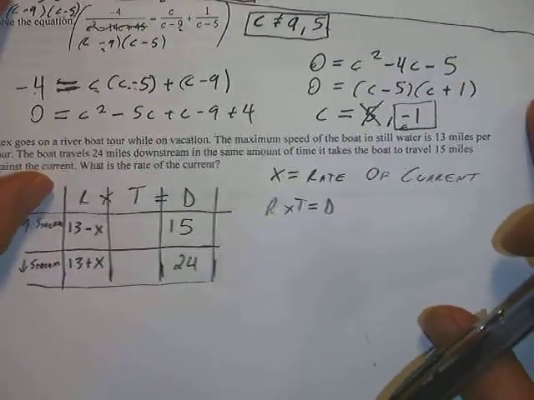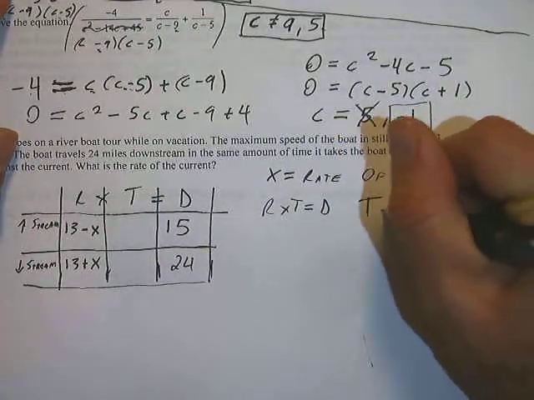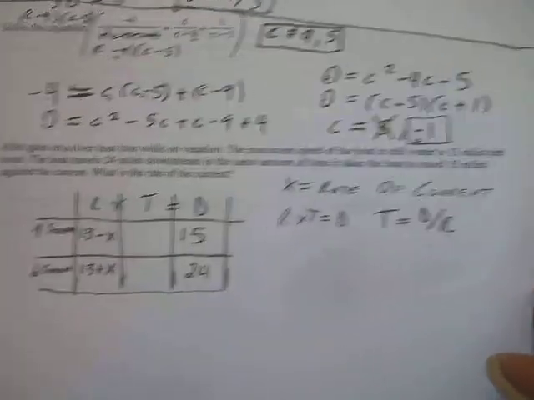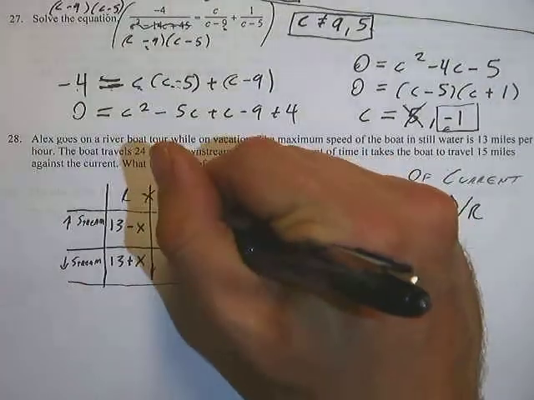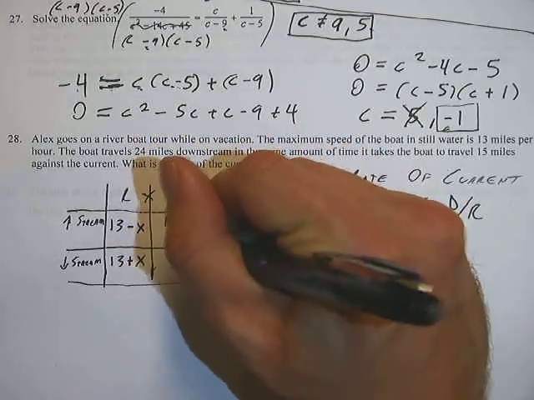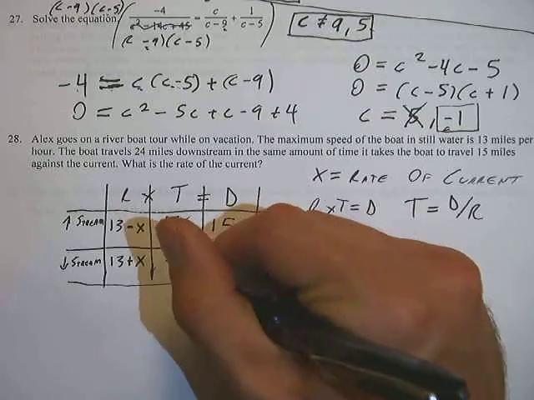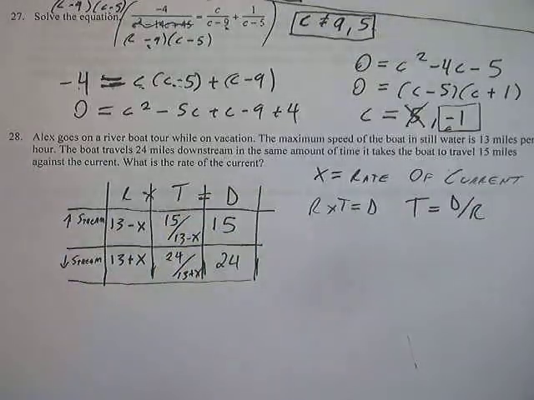So here, to figure out x, we need to remember that if rate times time equals distance, then to get t by itself, you divide both sides by r, and you get time equals distance divided by rate.